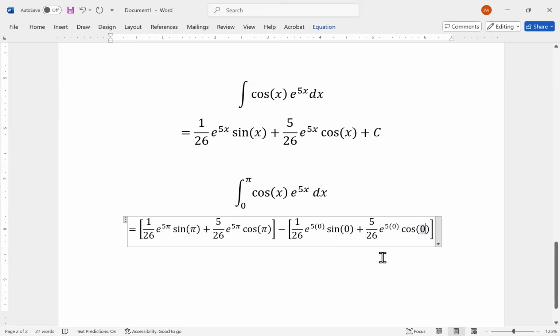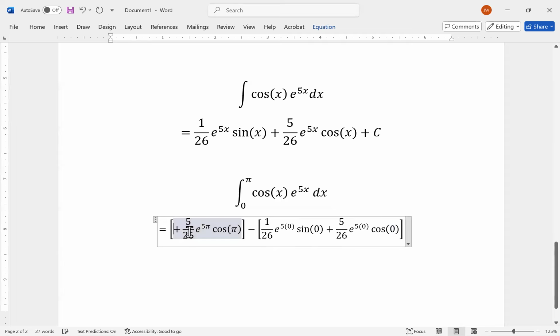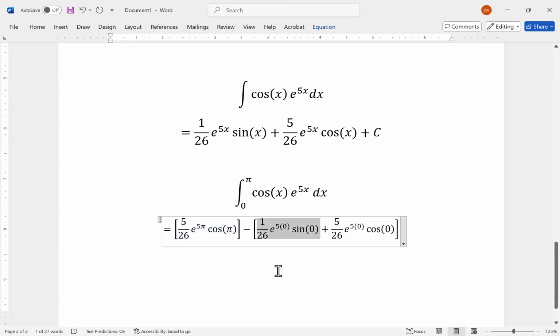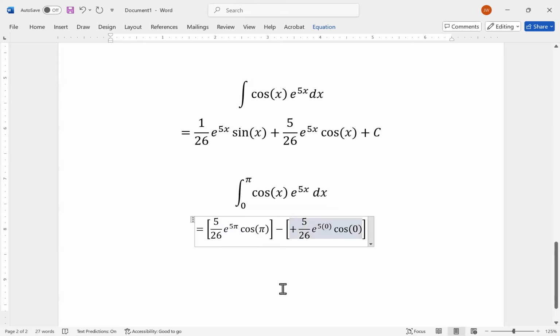Now, the nice thing about this is that sine of 0 is 0, and sine of pi is also going to be 0. So this term turns into a 0, and this term turns into a 0. And cosine of pi is a -1.